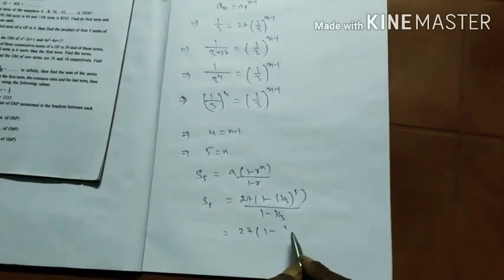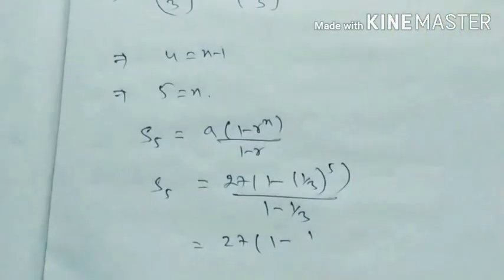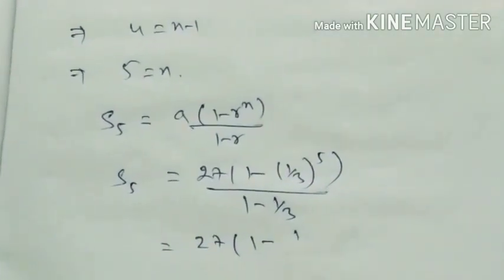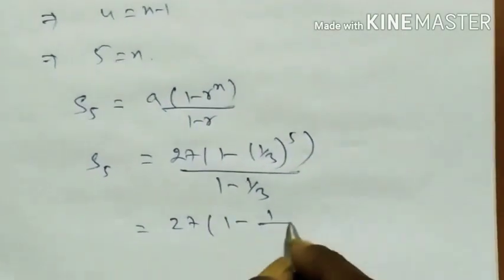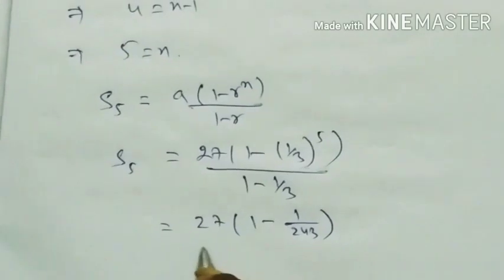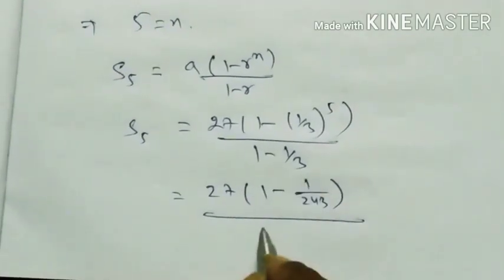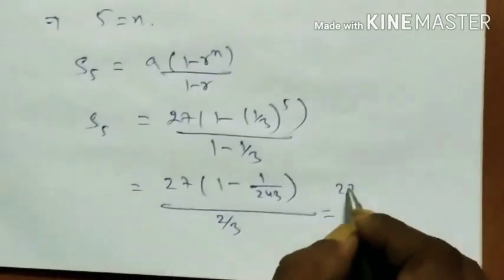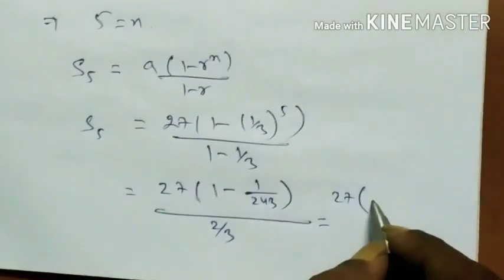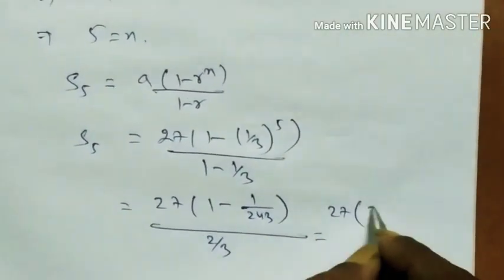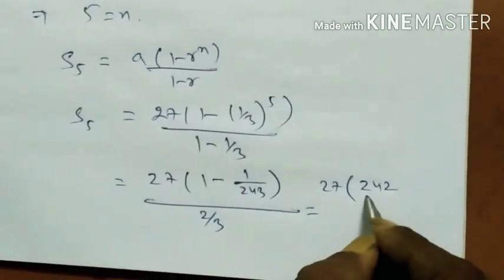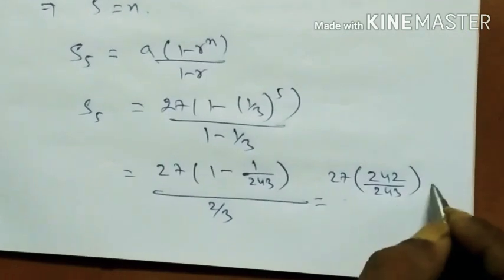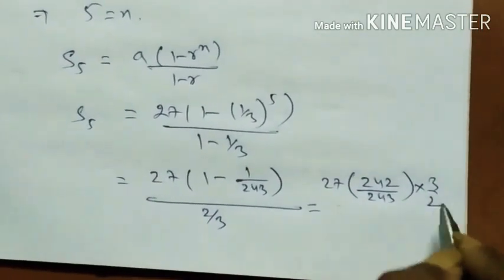I am taking the help of a calculator, 3 to the power of 5 comes out to be 243, so 1 by 243, and 1 minus 1 by 3 is 2 by 3. Now 27, here LCM is 243, minus 1, that is 242 by 243, by 2 by 3, means 3 by 2.